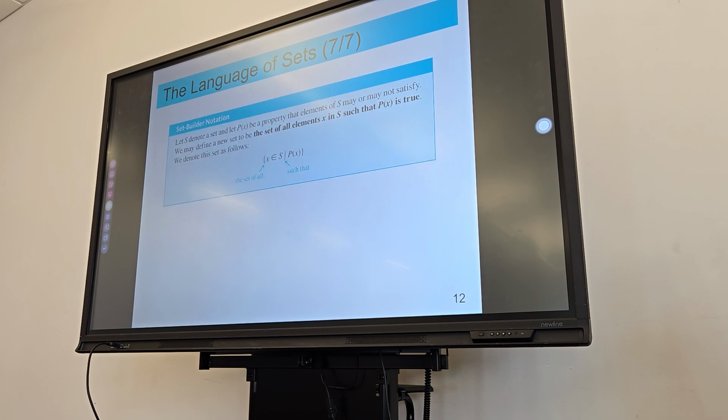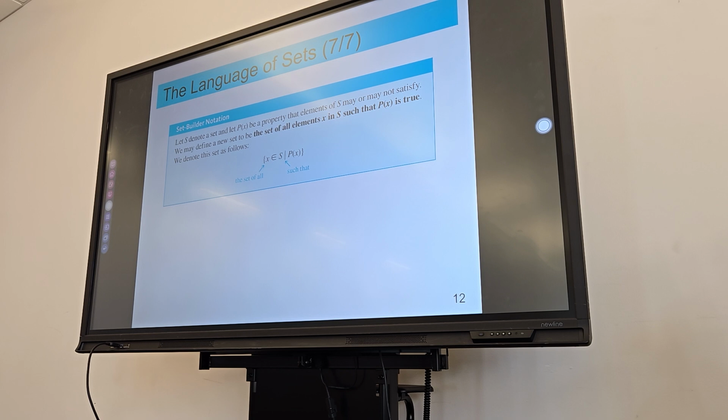Let's see here. Now, set builder notation is a way of constructing a set where S is the set. Let P of X be a property that the elements of S may or may not satisfy.